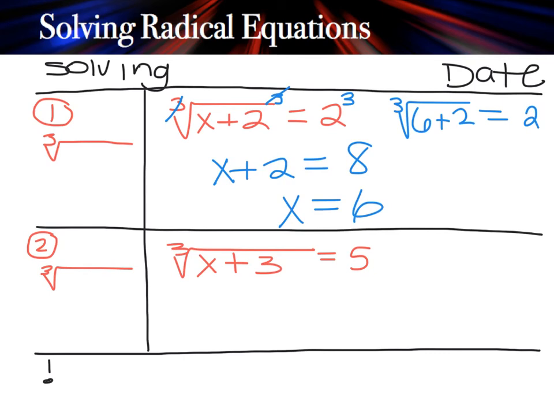What I'm going to do is I'm going to cube both sides, and I get x plus 3 equals 125. X equals, if I subtract 3, I get 122.